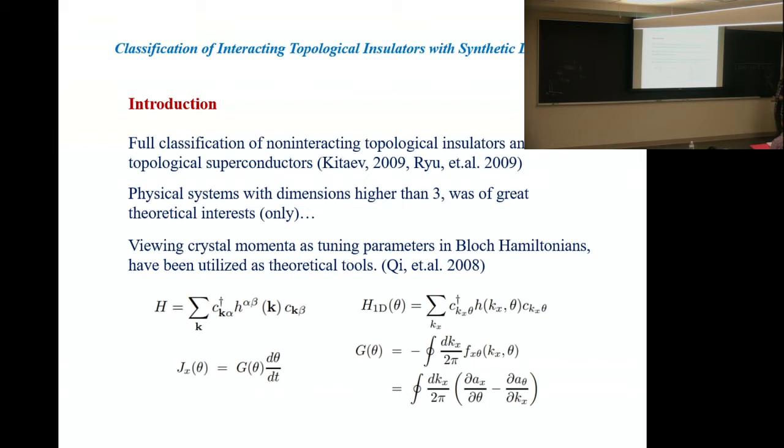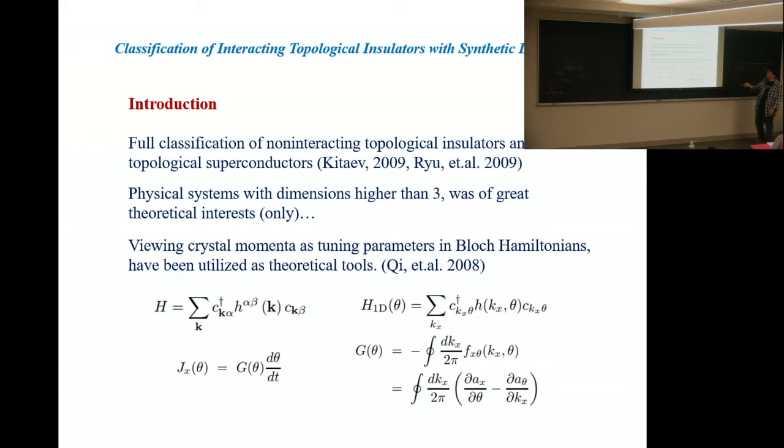The tuning parameter theta is periodic. If you do the calculation, you can still define the Chern number in the space of the x direction crystal momentum and this periodic tuning parameter theta, and then d theta over dt will drive a charge pumping from left to right in the 1-dimensional system.